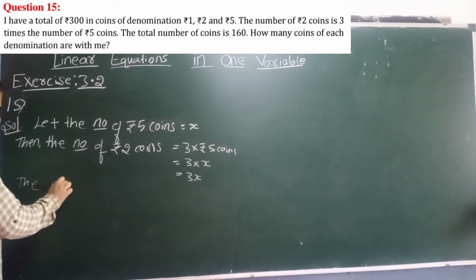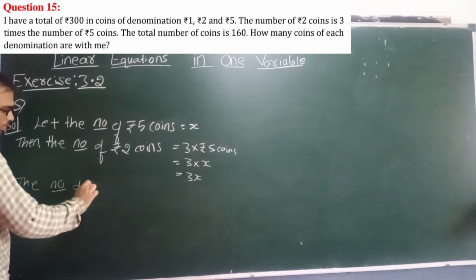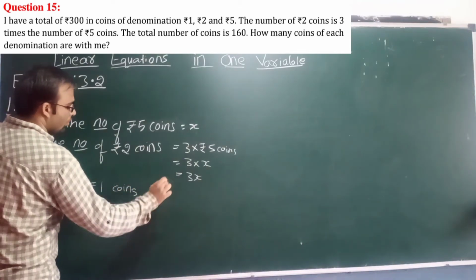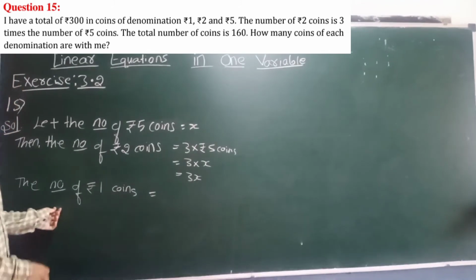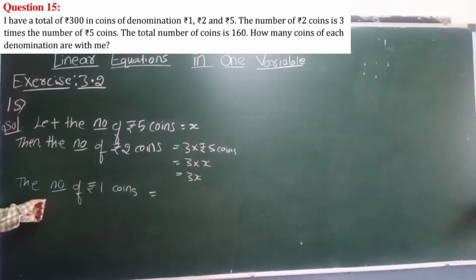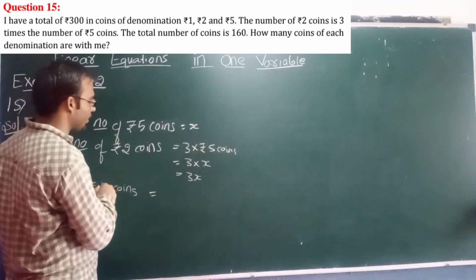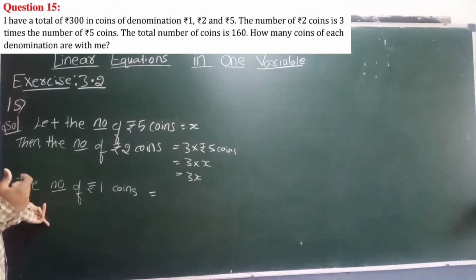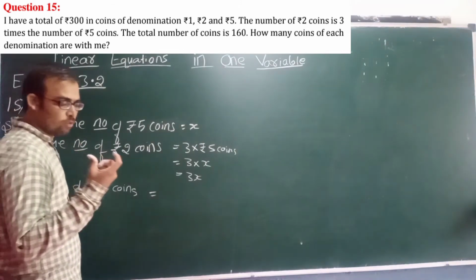Now the number of rupee 1 coins equals, so students, they are not given how many 1 rupee coins are there. So what they have given? They have given how many 5 rupees coins are there and how many 2 rupees coins are there. And one more thing they have given. What they have given? The total number of coins is how much? 160.